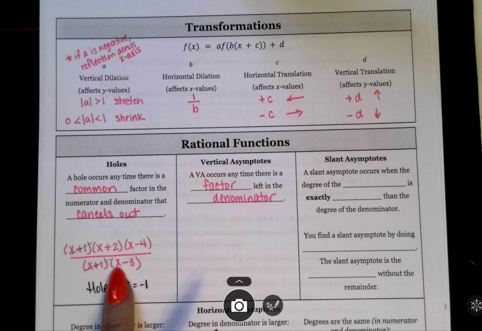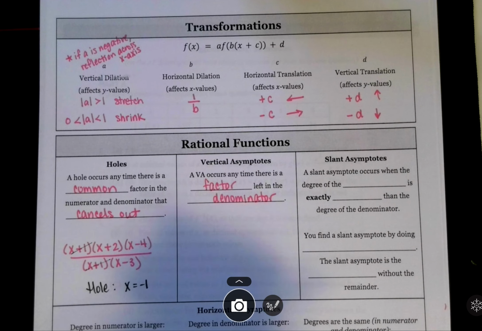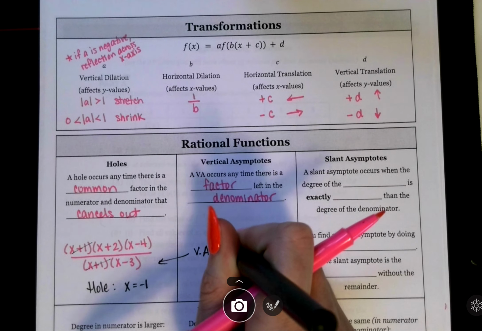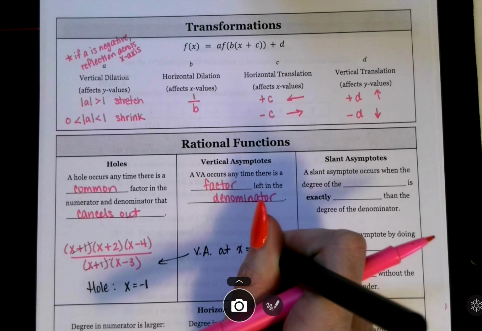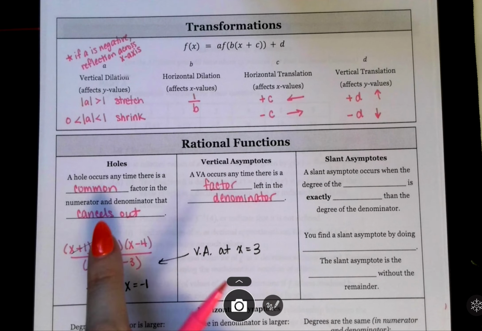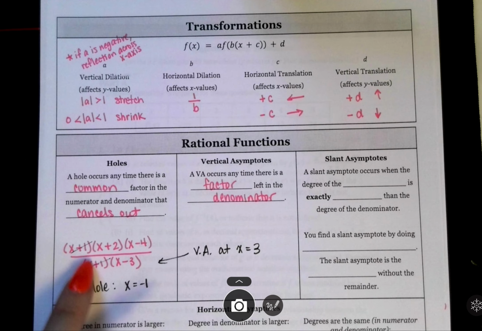And so because x minus 3 would be left in our denominator, that means I have a vertical asymptote at x equals positive 3. So let's just make a little note here. We have a vertical asymptote at, not negative 3, at x equals 3. We always want to do this one after we figure out the holes. We want to figure these out first, and then we can do our vertical asymptotes.